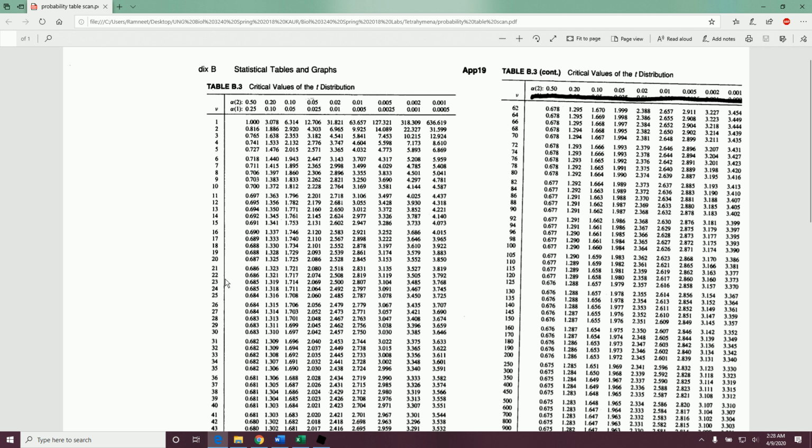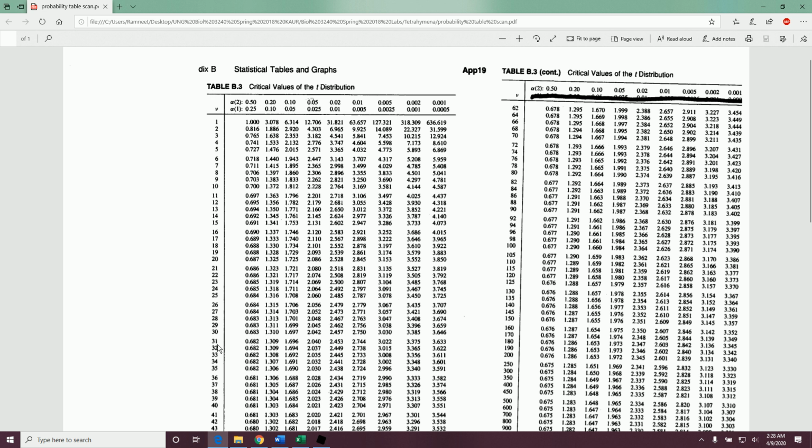And how to figure out the critical value? On this side, these are called degrees of freedom and these are called the probability values. We are using t-test 2, so you have to look at these values. We are going to look for the probability value of 0.05, against the degrees of freedom.